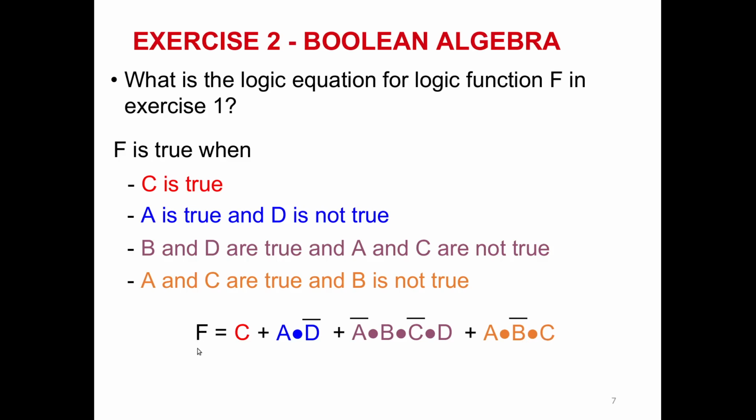So finally we have the logic equation f for exercise 1, that is f equals c, or a and not d, or not a and b and not c and d, or a and not b and c.